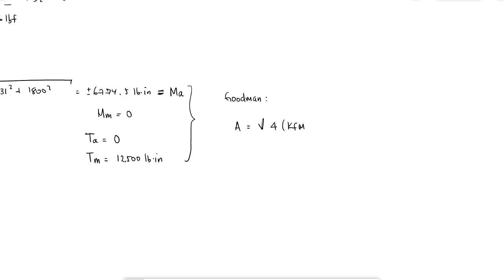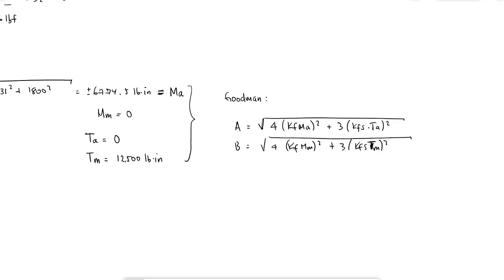I have an A squared and 3 shearing at KFS, TA squared. And then B would be the same, but with mean moment and mean torques, right? I am not taking into account any stress concentration because there's no fillets, there's no change in radii.